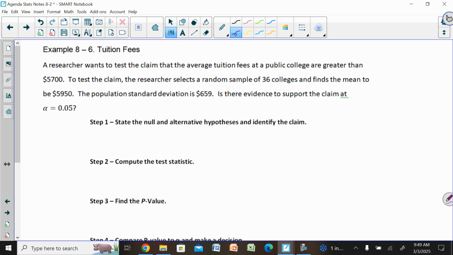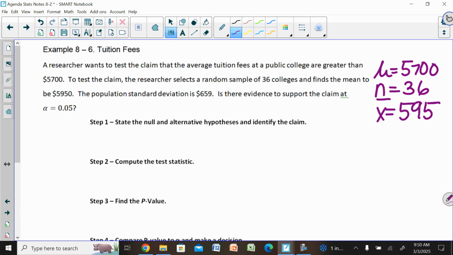I like to jot everything down. So let's see, test the claim that the average tuition is greater than $5,700, right? So that is going to be our mu. Because then that researcher went to a random sample of 36 colleges and found the mean of that random sample to be 5,950.